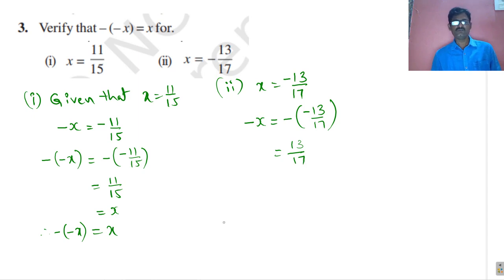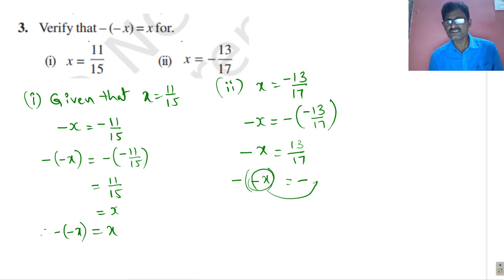This is minus x value. Now minus of minus x, which is equal to minus, be careful here, minus x value here is 13 by 17. So this is the value of minus x. So instead of this minus x here, let us write here 13 by 17. So minus 13 by 17.